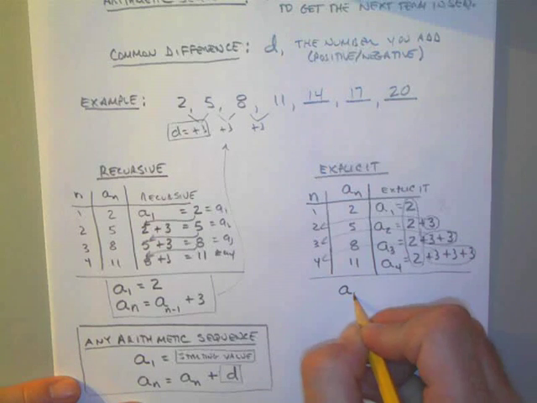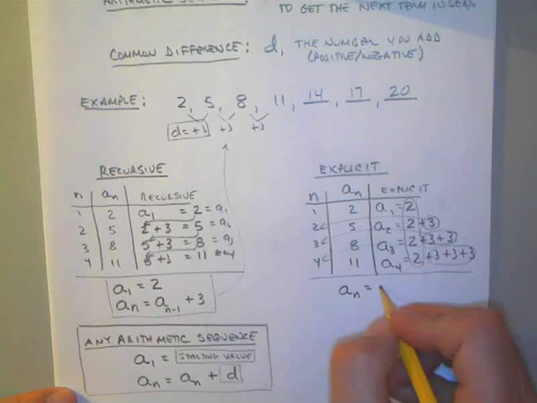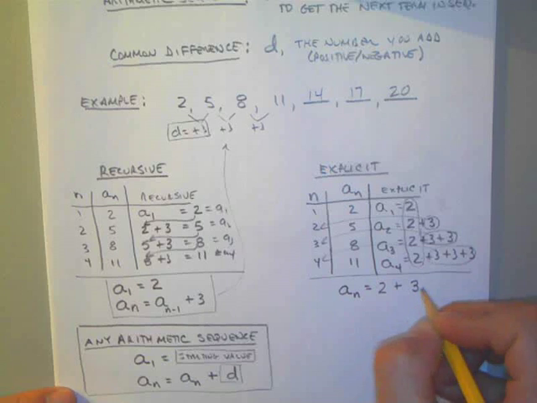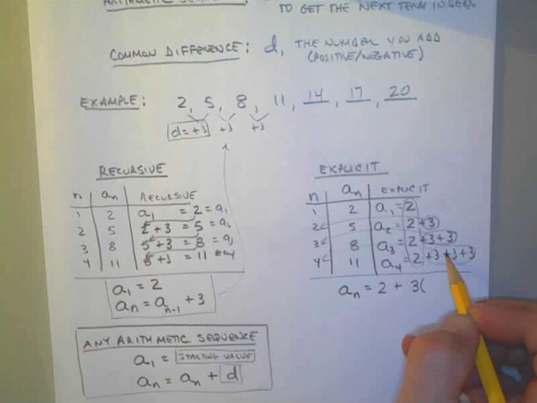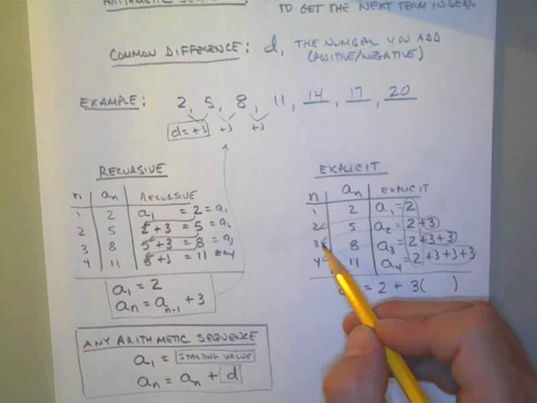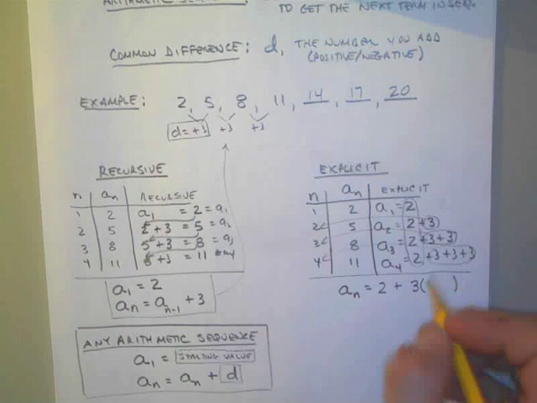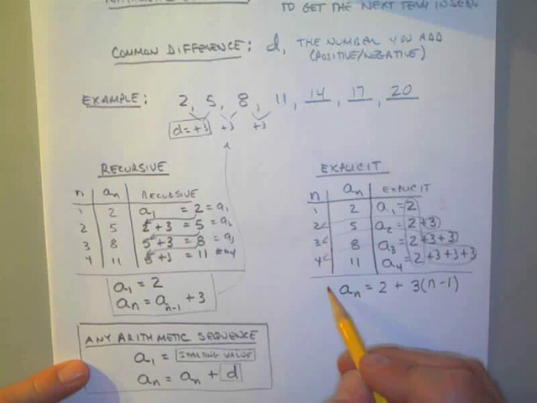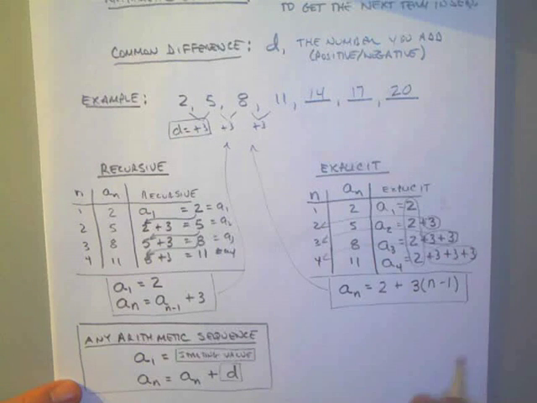For any term, it's going to equal, in our case, the number 2, and then we're going to add to it the number 3, and it seems like we're going to add a different number of 3's each time. So if the n value is 2, we're going to add 1 three. If the n value is 3, we're going to add 2 threes. 4 is 3 threes. So it's always 1 less than the n value. So this is the explicit formula for this sequence.